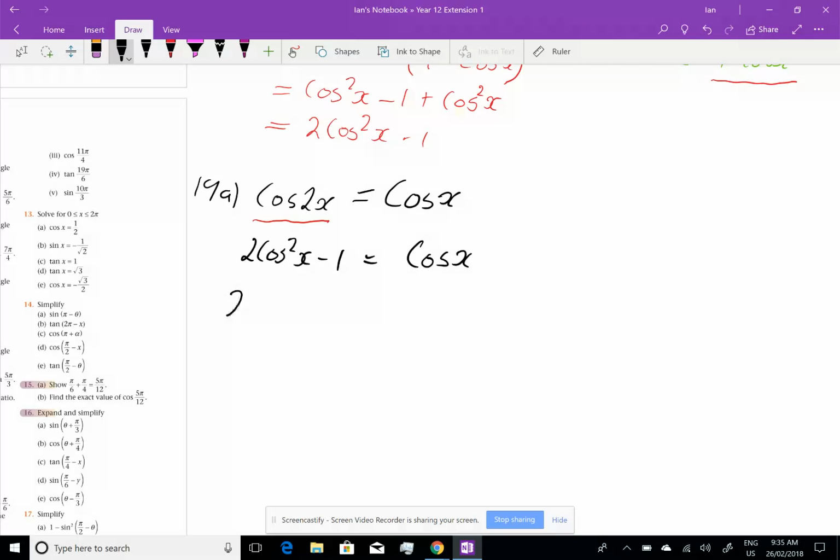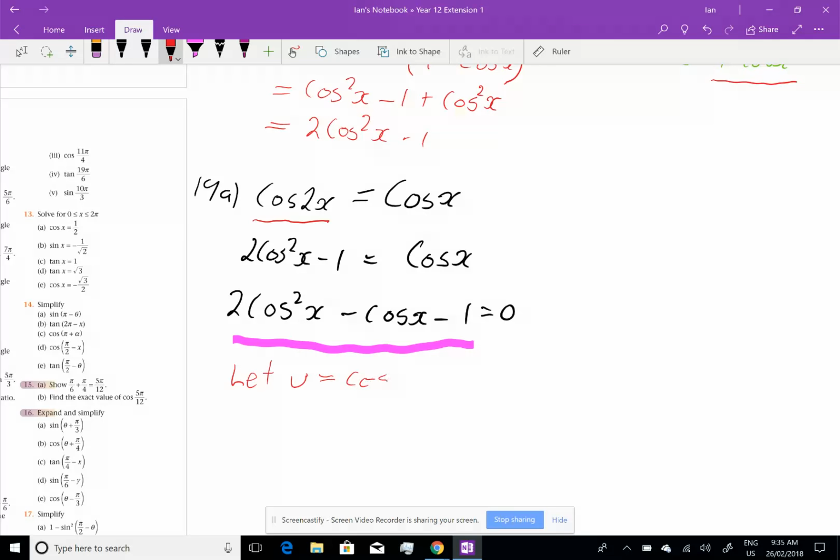I'll pull that cos x over: 2 cos squared x minus cos x minus 1 equals 0. Now this is a quadratic, or an equation reducible to a quadratic. If I just let u equal cos x, then I get this nice quadratic, which is 2u squared minus u minus 1 equals 0.